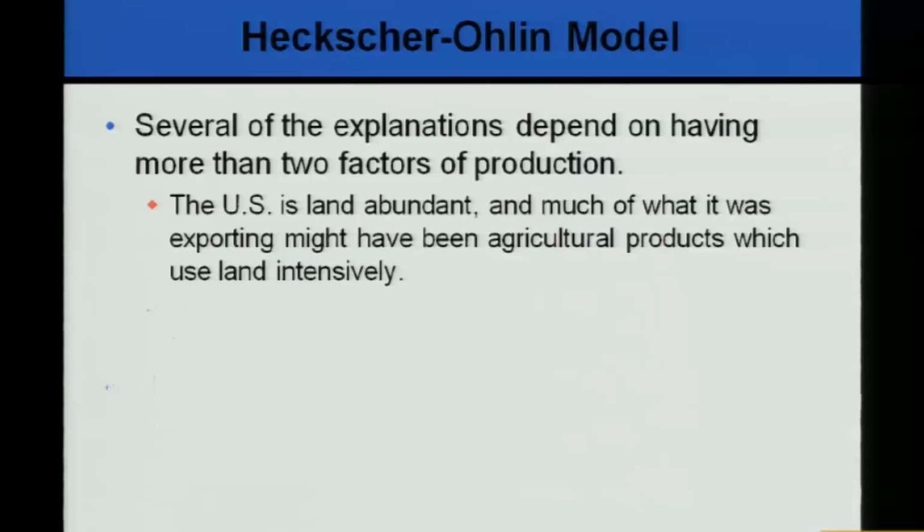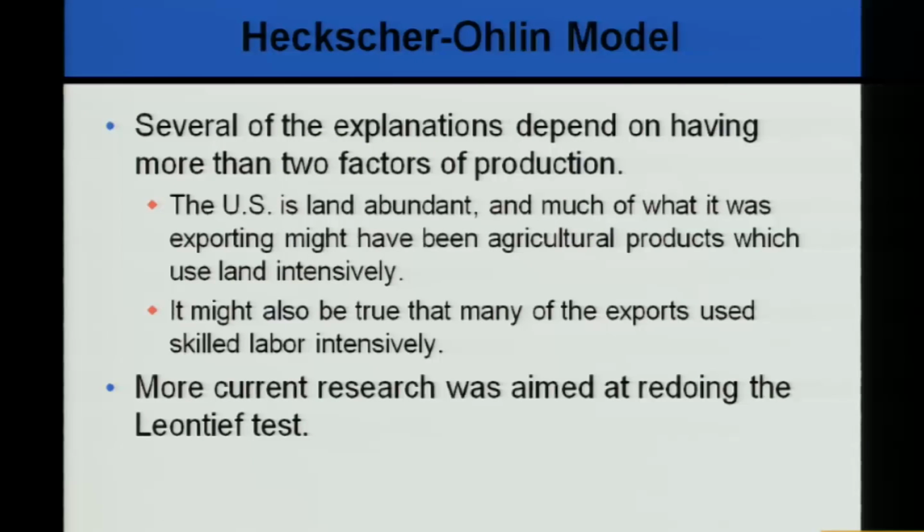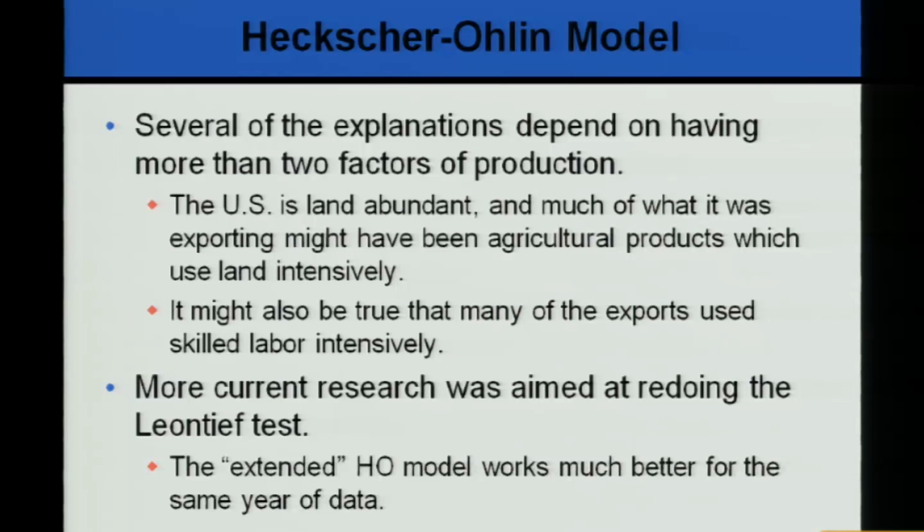So, one deviation is that you need to take into account more factors of production, and the more current research was aimed at redoing Leontief's test, and the extended HO model works much better for the same year of data. Now, the extended HO model, the contribution came from Professor Vanek in 1968.